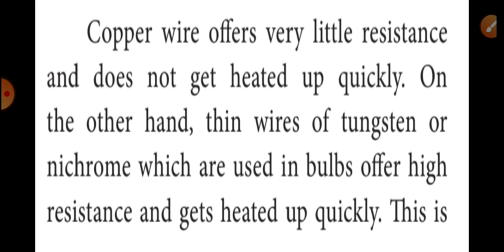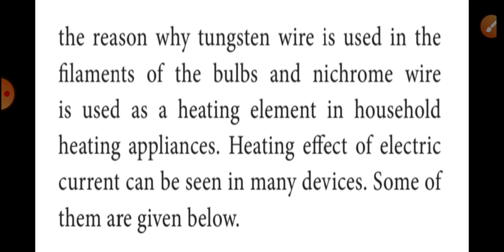So copper wire has low resistance and does not get heated up quickly, whereas tungsten or nichrome offer high resistance and get heated up quickly. This is the reason why tungsten wire is used in the filament of an electric bulb and nichrome wire in household heating appliances. We use nichrome in household heating applications, and tungsten in electric bulbs.